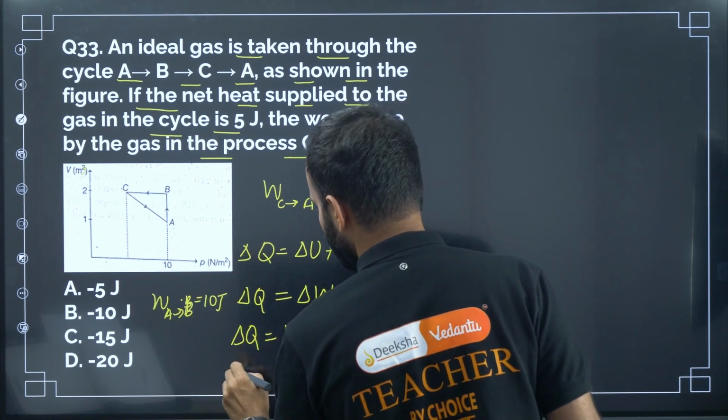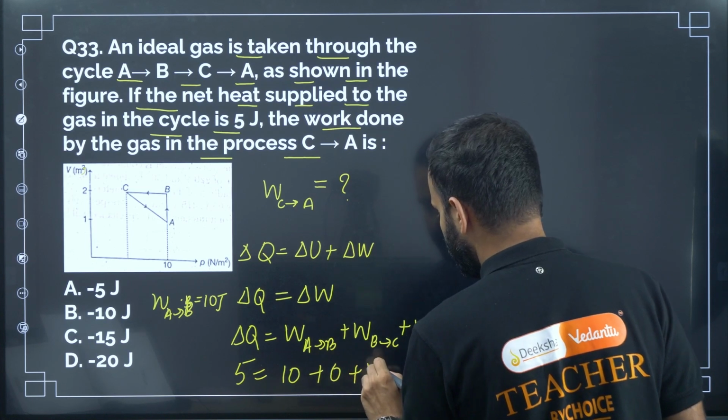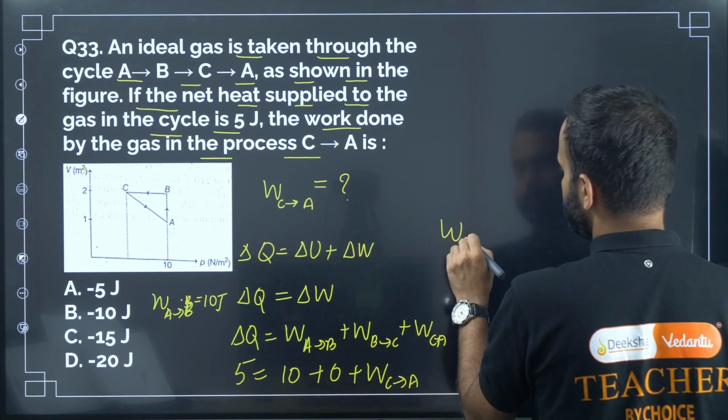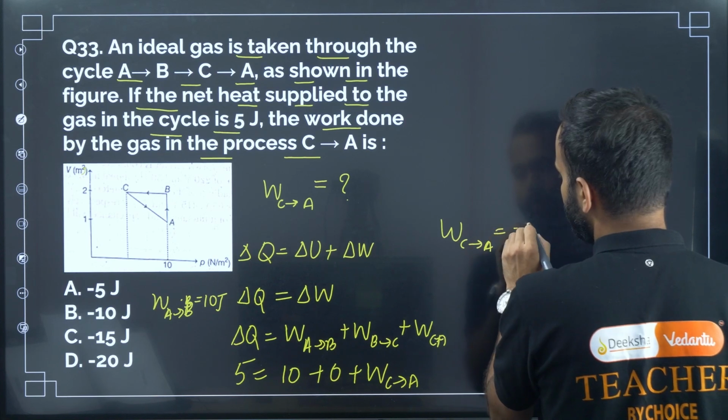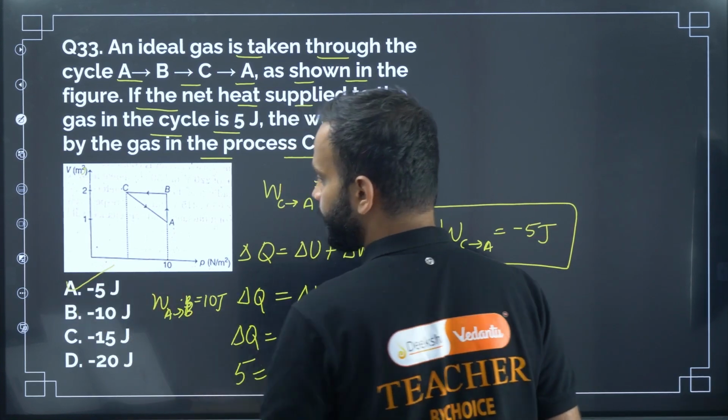Heat supplied is 5 joule. So 5 equal to 10 plus 0 plus W C to A. So W C to A is equal to minus 5 joule. So the correct option is A.